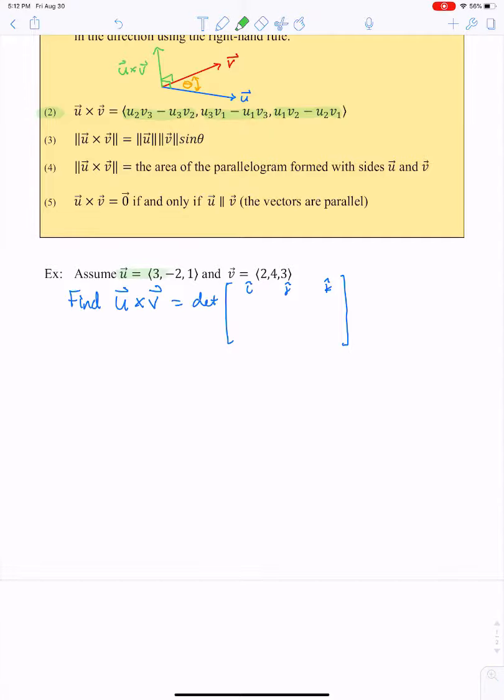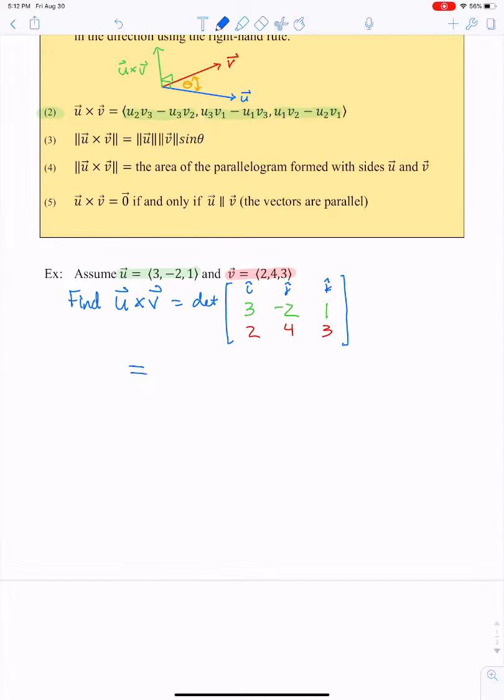So u comes first, so I will put u first: 3, minus 2, and 1. And v comes second, so I will write in v in the third row, the vector 2, 4, and then 3.